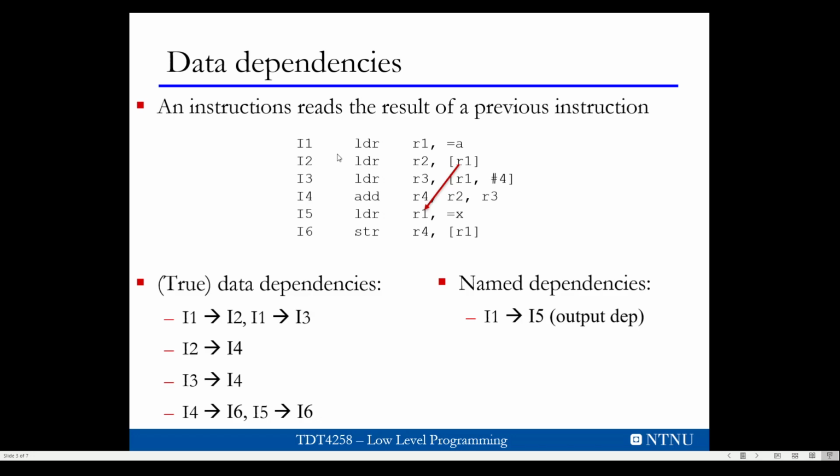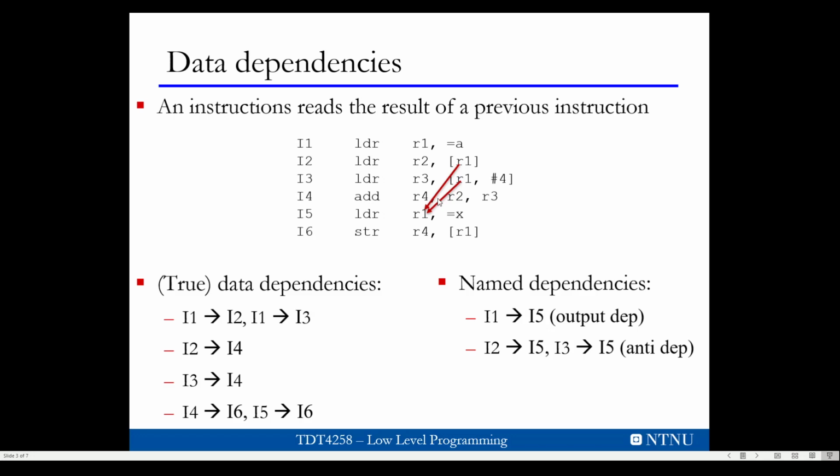Right now, I2 is reading R1, which corresponds to the address of variable A. If we put I5 above I2, it would again be using this R1, but this time it corresponds to variable X. So there will be wrong execution if we reorder these two instructions. Now, this kind of dependency, and this is the same situation here, is called an anti-dependency.